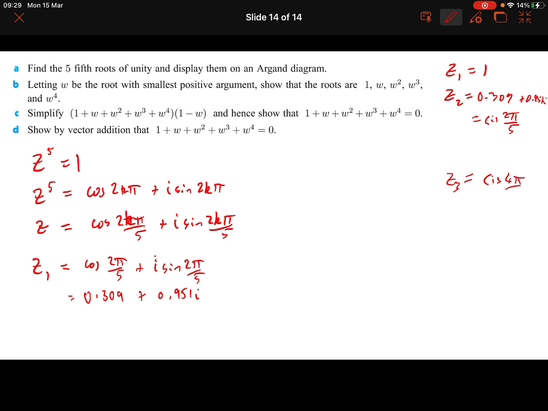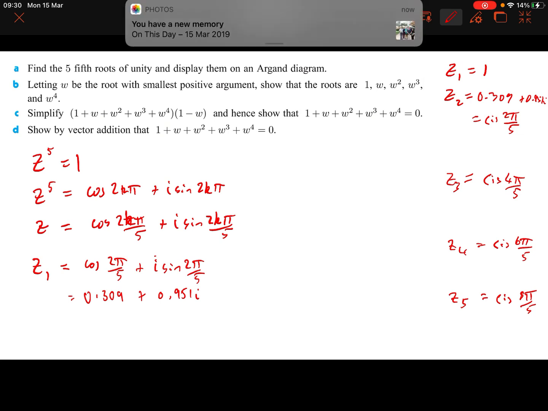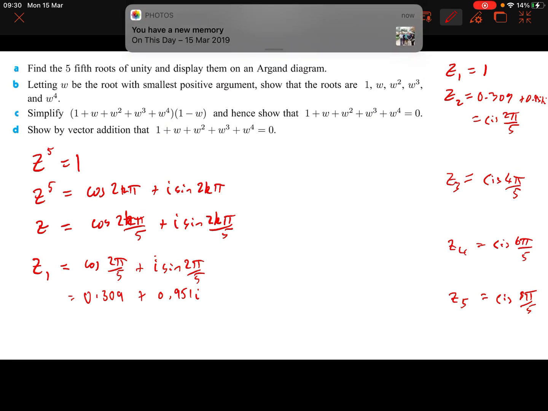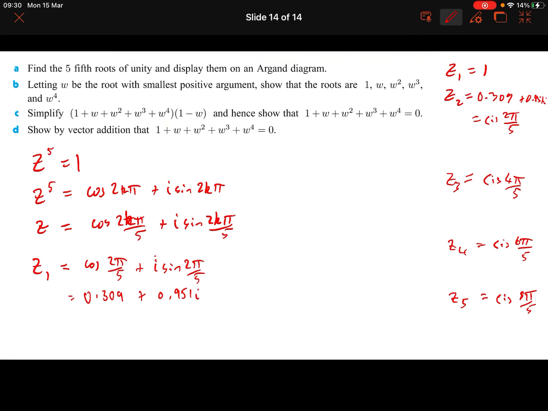So it's going to be 4 pi over 5. Z4 is going to be cis 6 pi over 5. And Z5, remember there's 5 roots, it's going to be cis 8 pi over 5. No point in going to 10 pi over 5 because then you're back to the beginning anyway. Right, now, that might be useful in a bit.